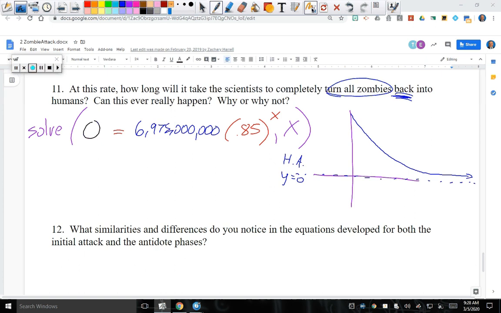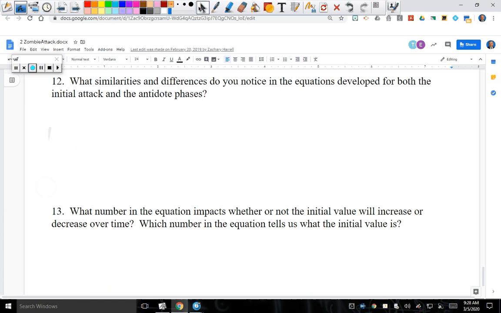12 says, what similarities and differences do you notice in the equations developed for both the initial and the antidote phases? So basically the similarities is that they both had an initial value and a rate of change. They both had this and they both had this.